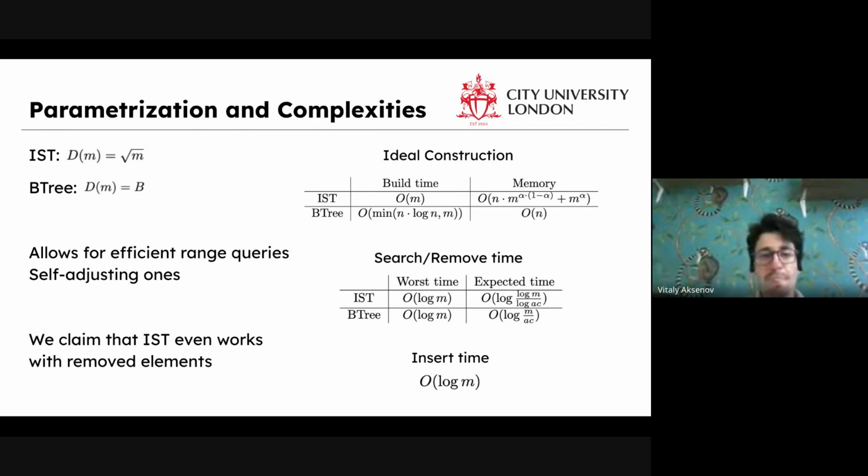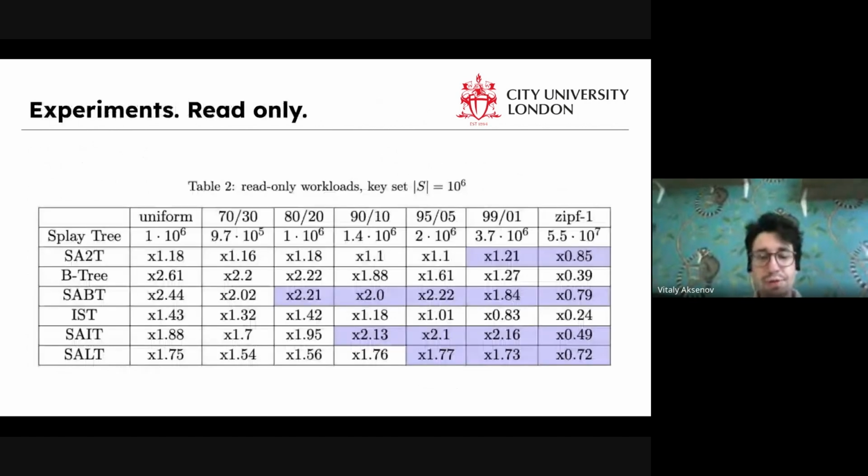Here we claim that the expected time is logarithm m, where m is the number of requests to non-deleted elements. So at each point of time when you perform a request, it's logarithm of the current number of requests to all the nodes in the tree, and not through the whole time, which is much better and theoretically interesting.